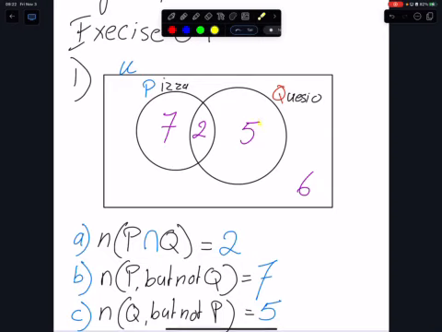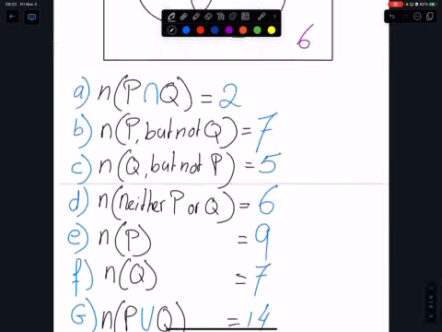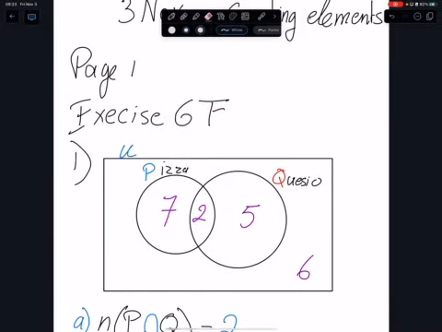I'm looking at Q. Everyone that's not in Q, meaning 7 and the 6, a total amount of 13 people. So this was an exercise about counting elements in a specific set.